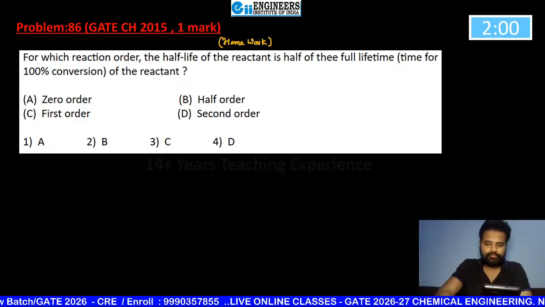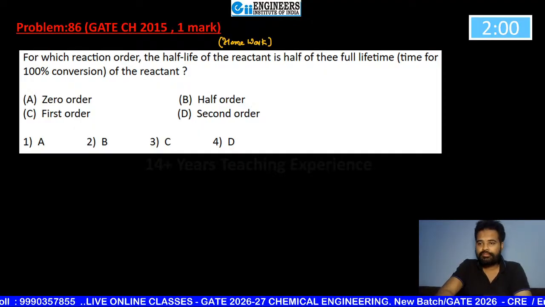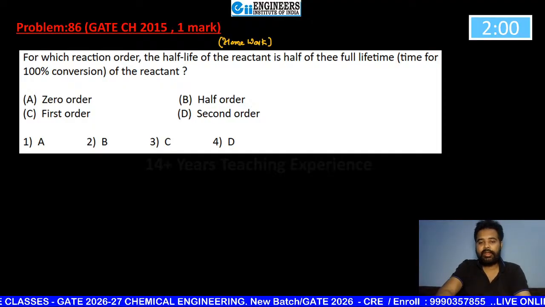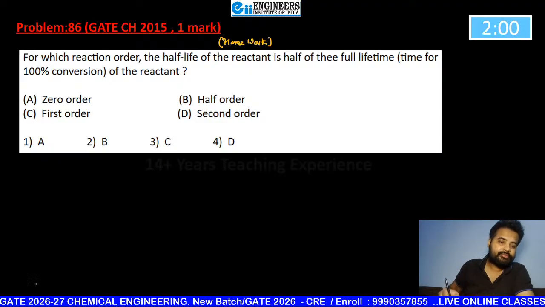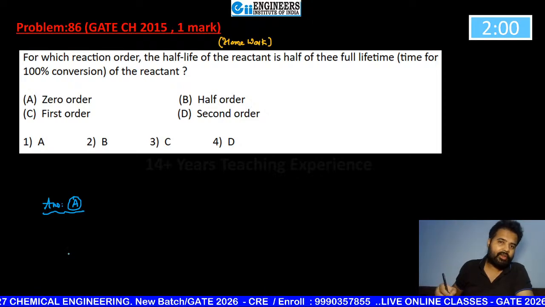Wait. The answer key is not there at all, I will have to look in the book. Yeah beta, A is the right option. Correct. A is correct. It's zero order. If any doubt, you can ask me in the doubt clearing session for a detailed solution.